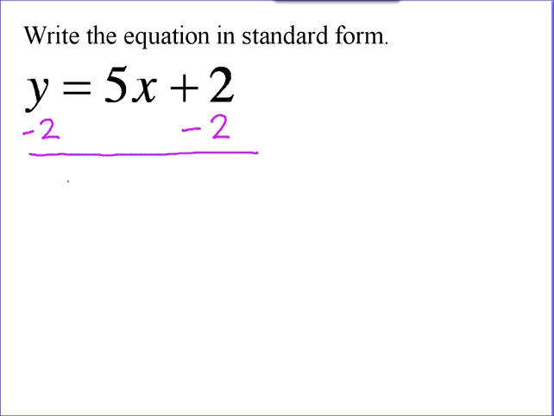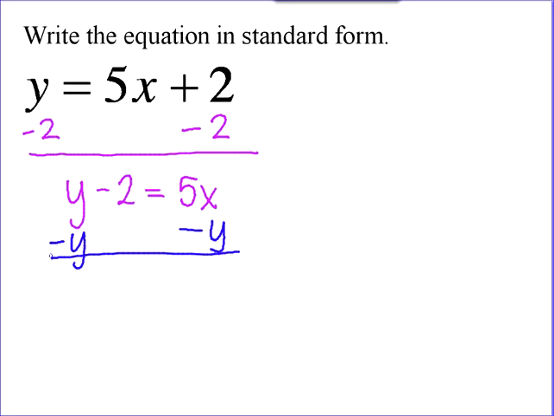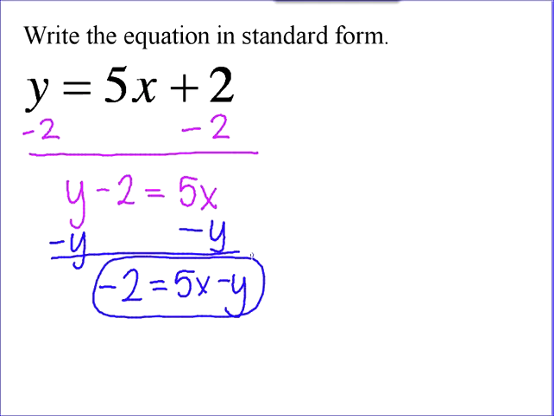So I end up getting Y minus 2 equals 5X. Now what do we need to do to put that in standard form? Subtract Y. So on the left, what are you left with? Negative 2 equals 5X minus Y. There you go. That is in standard form.